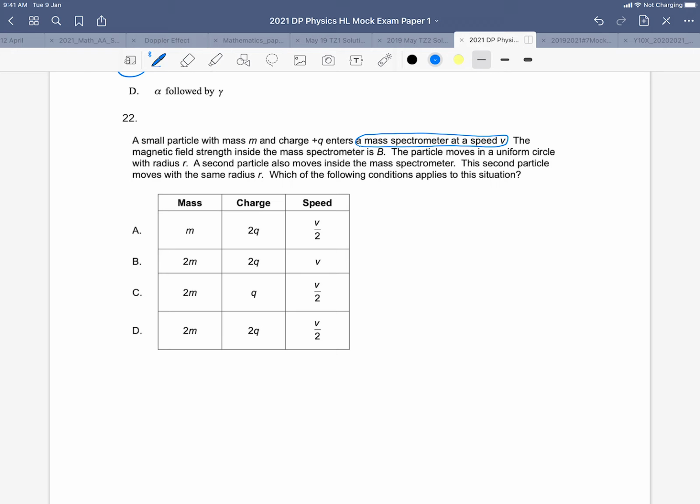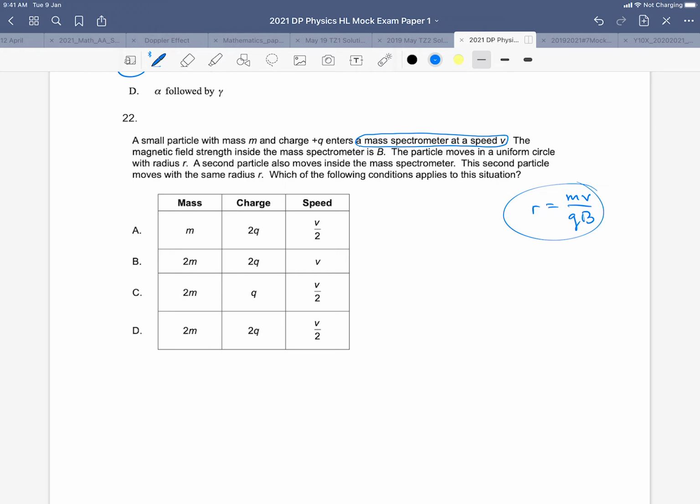This is how we measure the mass of isotopes, because remember the equation I just wrote up, that when a charged particle moves into a magnetic field, it moves along a circle and the radius is proportional to mass. So if they all come in with the same velocity, then tiny differences in mass are going to show up as small differences in radius. And that's how we measure isotopes.